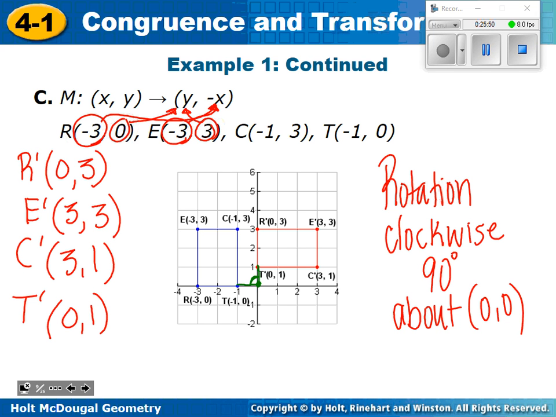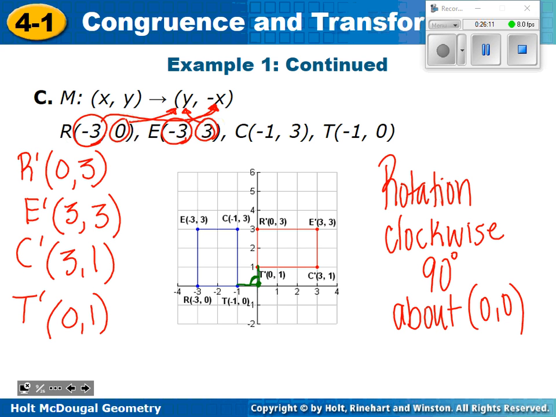You've actually done two reflections, but one single rotation. And that rotation is 180 degrees. And the direction does not matter. So you don't have to tell me clockwise or counterclockwise because it wouldn't matter. 180 degrees about the origin.